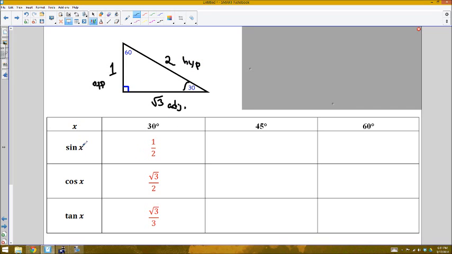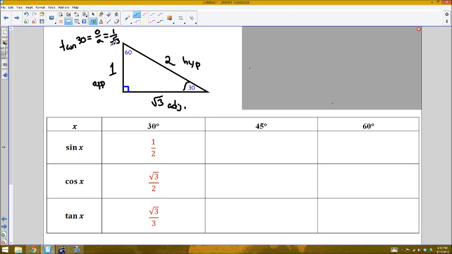So if I wanted to know the exact value of sine of 30 degrees, I would look at the opposite over the hypotenuse, which gives me 1/2. The cosine is the adjacent side over the hypotenuse, or rad 3/2, and the tangent is the square root of 3/3. Why? Remember from our SOHCAHTOA relationship, tan of 30 is the opposite side over the adjacent side, which in this case is 1 over the square root of 3.